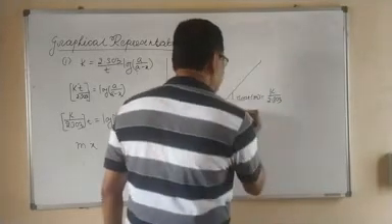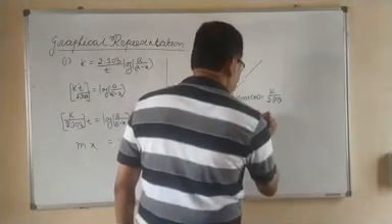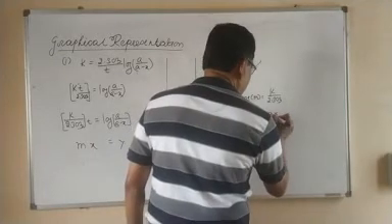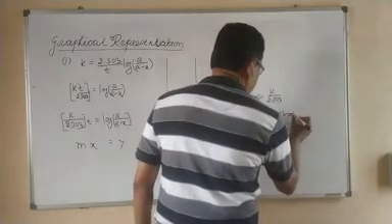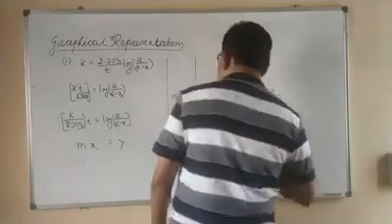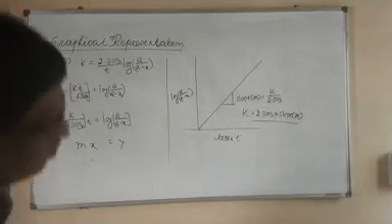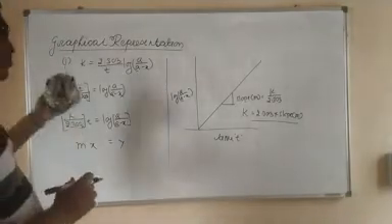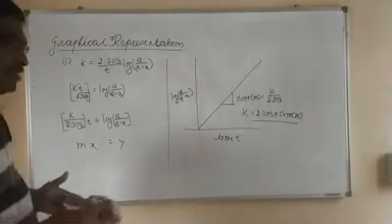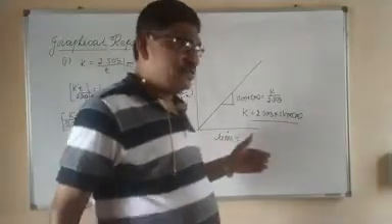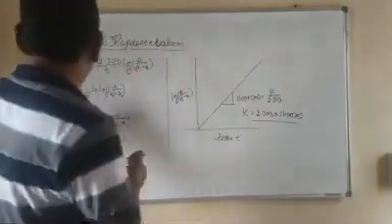Knowing the slope of the line, we can calculate the rate constant k, which is 2.303 into slope m. This is the graphical representation of a first order reaction. It is one form. This equation can also be represented in another way. Case number second.